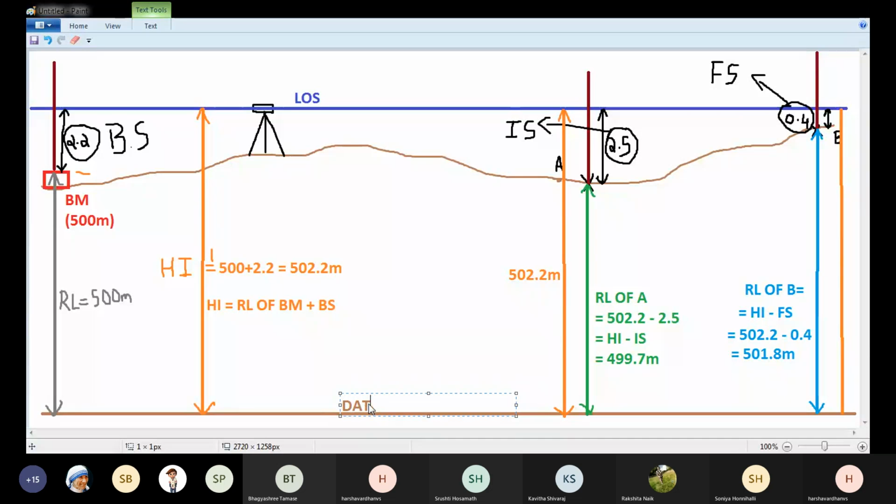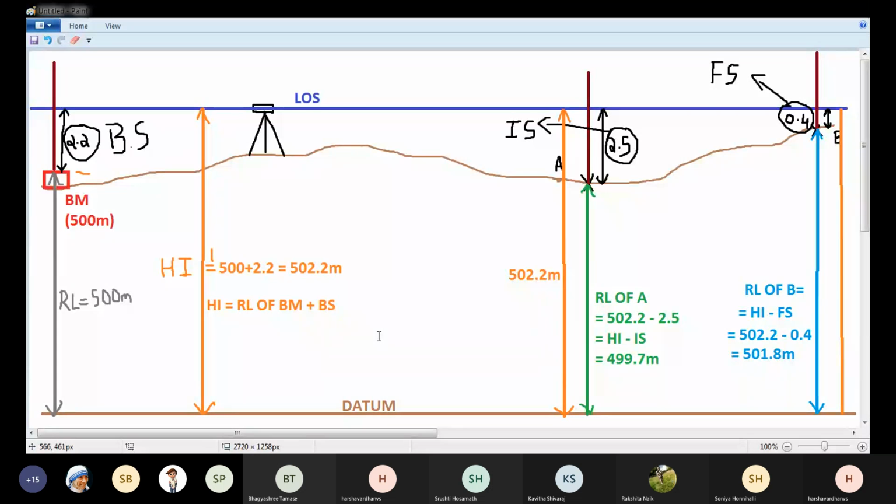For all the important large scale surveys, usually datum is taken at mean sea level. Let us not worry about that, but for small surveys, you can assume any arbitrary datum or arbitrary benchmark. So I hope you have understood this concept.